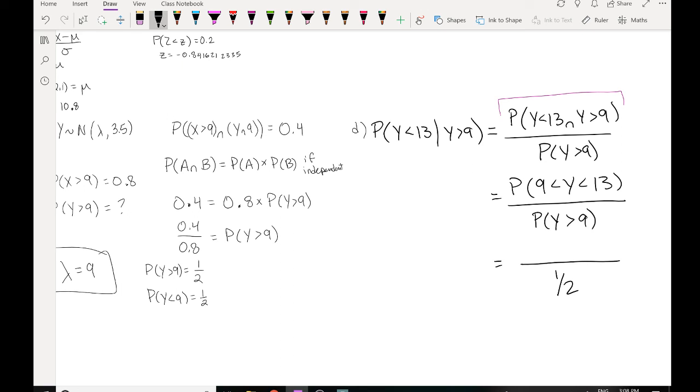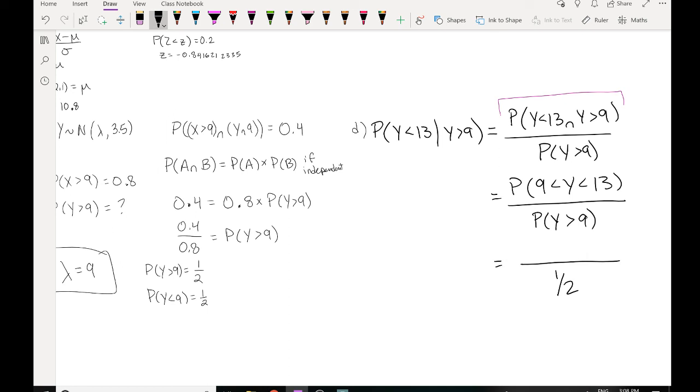The probability that y is between 9 and 13, I can figure out because I have my calculator and we have now determined the mean. So I'm going to go into my distributions window, access normal CDF. My lower bound I'll put in as 9. My upper bound I will put in as 13. 9 is the mean, and the standard deviation I think was 3.5.